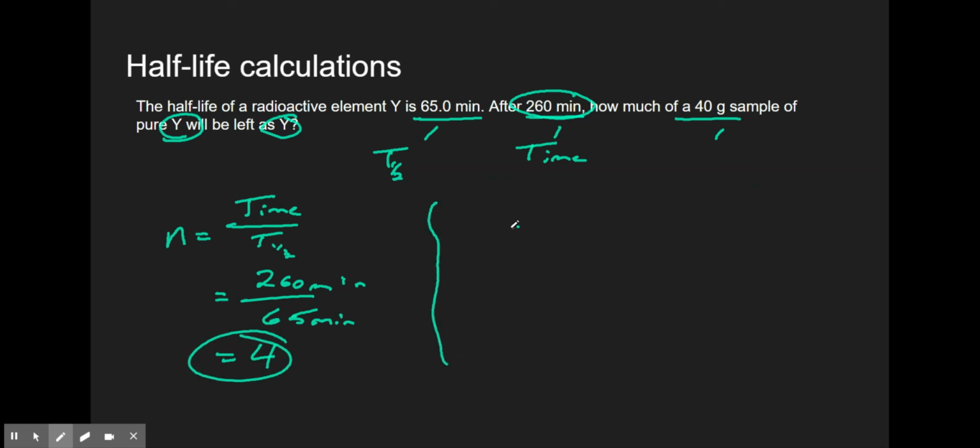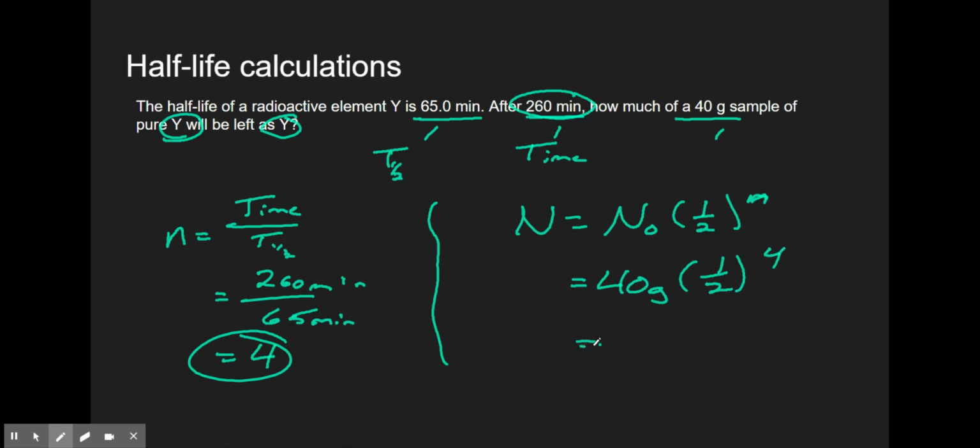So in our equation, N is equal to N0 times 1/2 raised to the power n. 40 grams is what we started with, 1/2 raised to the power of 4. And so in the end, we should have 2.5 grams remaining as element Y.